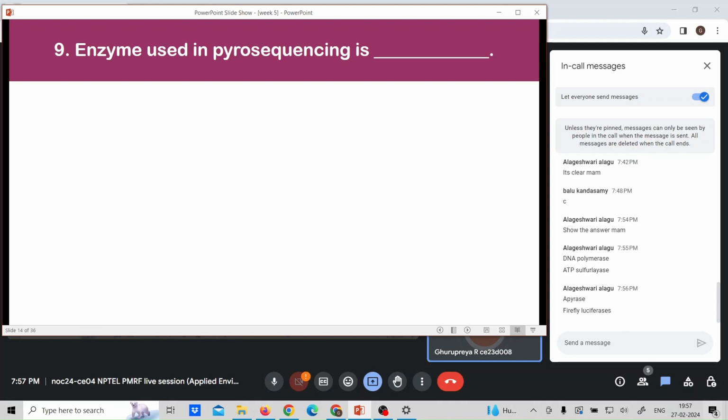Yeah, firefly luciferase. So you are pretty right with all the enzymes because all of them are used in pyrosequencing. Do you have an idea what ATP sulfurylase is generally used for?